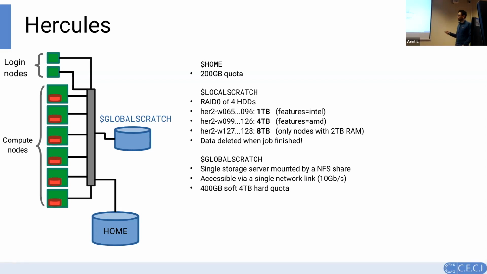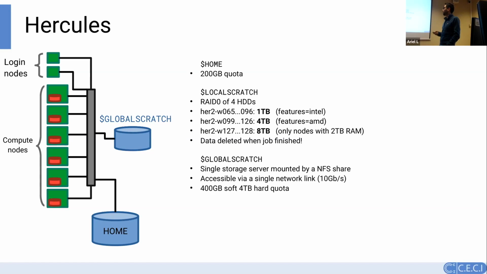But it's set up similarly to the home. So it's still a single storage solution, exported by an NFS share to all the clients. So it won't be as performant as the one on the Lemaitre3 or on NIC5, but it's the one you must use on Hercules if you need an area.